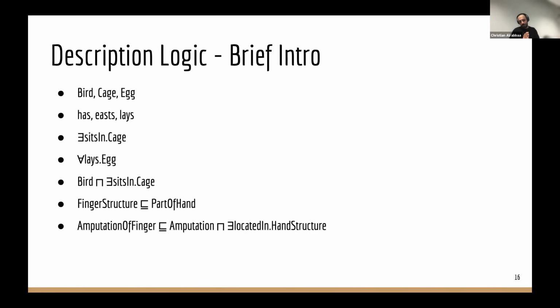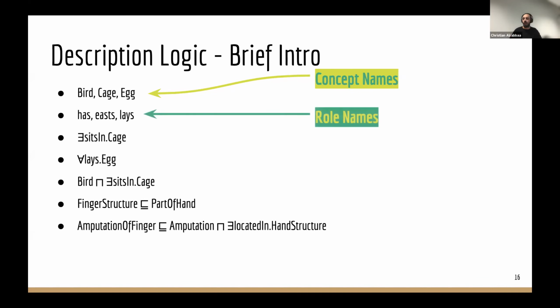So just a brief intro into the basic syntactic level of this description logic. What we call concept names are basically nouns that we use capitalized, something like Bird or Car. And we usually use verbs to refer to roles, so role names.